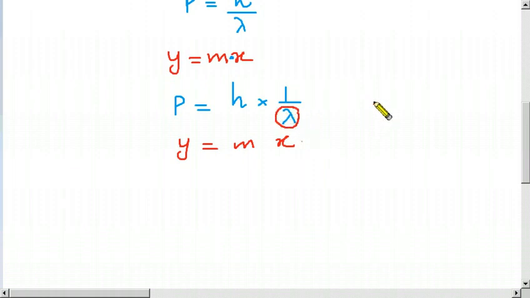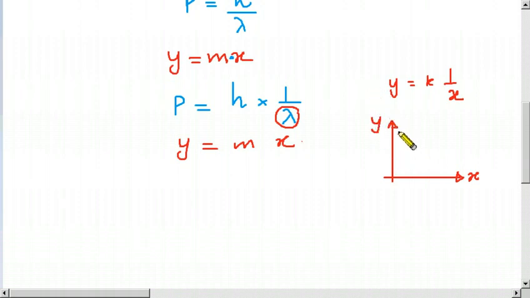So we should know how a y equals k times 1 over x graph should look. If we take x on the x-axis and y on the y-axis, then it is a curve like this, with a shallow and a steep part.